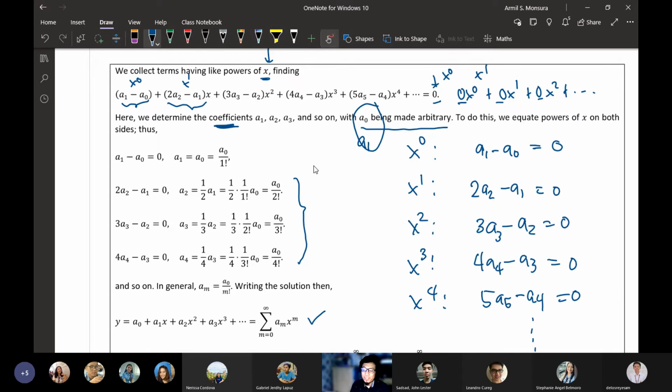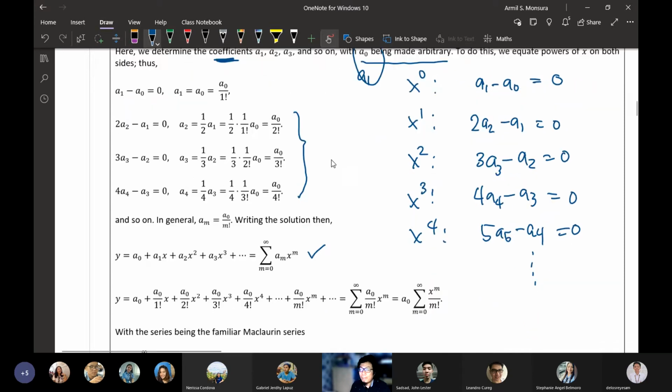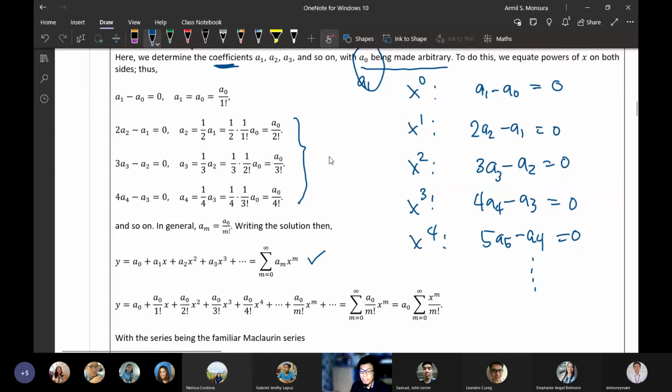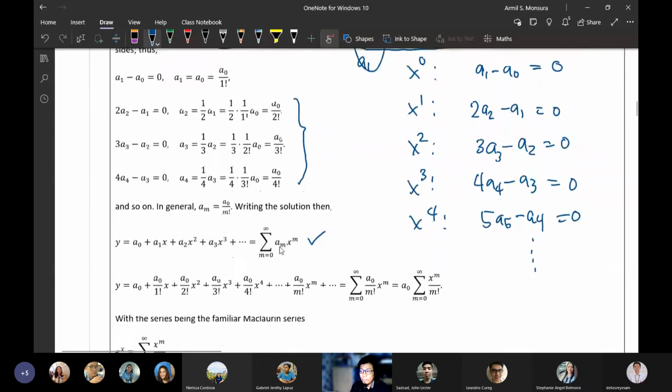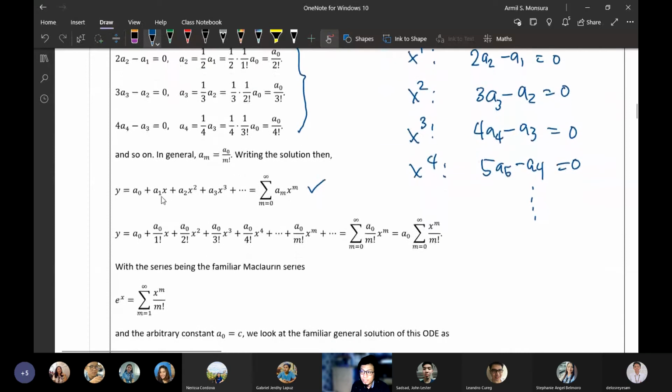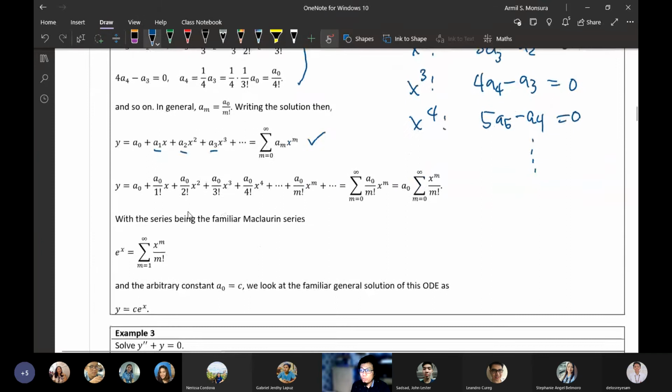Okay? So, ayun. Now, after you are able to determine the coefficients, go back to the solution. Okay? Substitute the coefficients. Okay? And then look for patterns of known elementary functions.